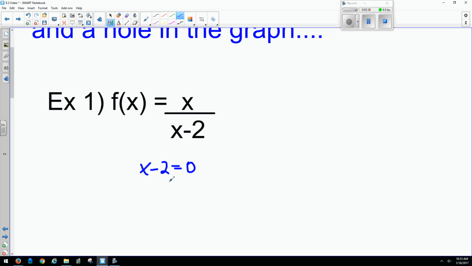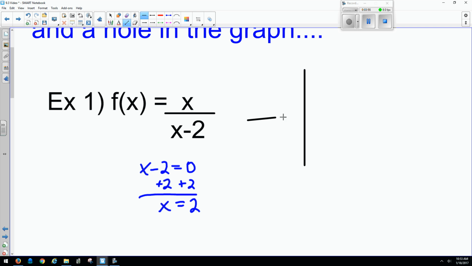So I have x minus 2 equals 0, and I'm just going to solve for x. So x equals 2, and that's where this particular function is discontinuous. And for this particular function, it's actually a vertical asymptote at x equals 2. And so this function looks like this.